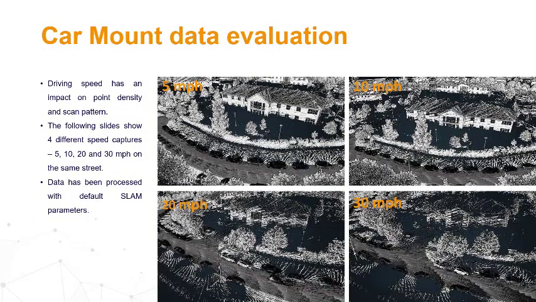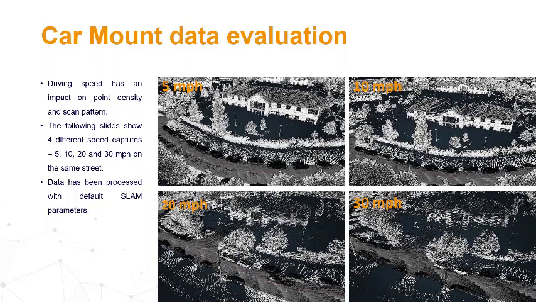So here, a couple of tests. You see that with different speed of the car, you achieve a little bit different data. With increasing speed, the data become a bit more striking. This is a comparison from 5 miles per hour over 10 and 20 up to 30 miles per hour.